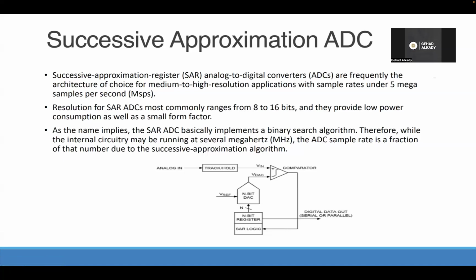Then the SAR logic will decide what happens on the next iteration, which will narrow the range of VREF, and so on and so on. We keep narrowing the range of the voltage value until we determine the exact value or the nearest approximated value of our voltage. This is how the SAR ADC works.